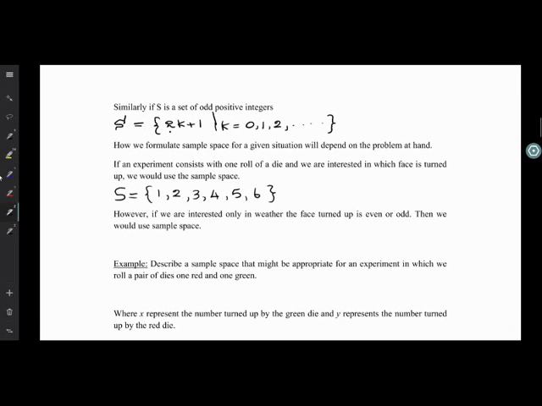However, if I am interested only in whether the face turned up is even or odd, then our sample space will be odd or even. So you can see the difference. The same experiment, according to the way we formulate it, will end up with different sample spaces.